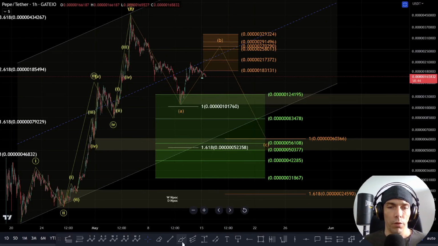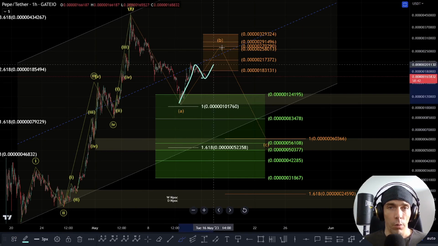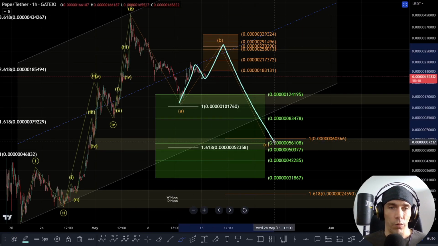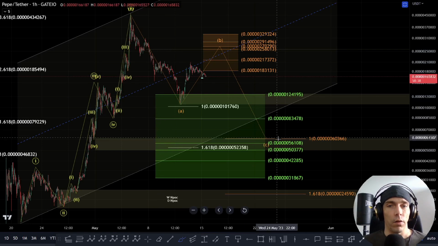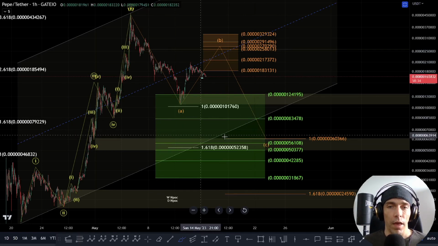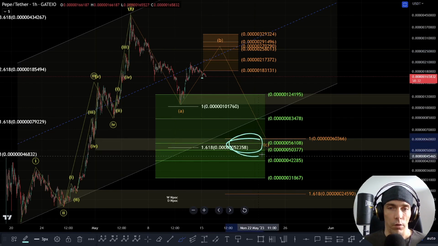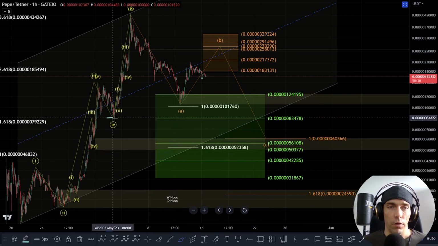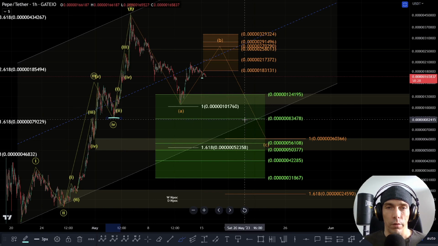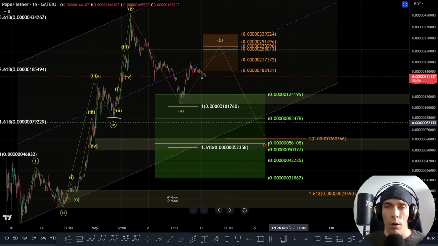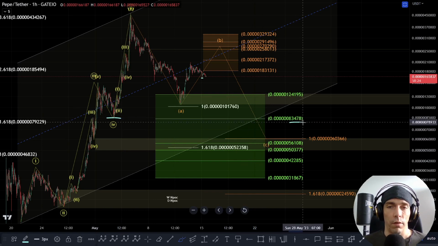But really, if we only form a 3-wave move to the upside here, we need to be careful of that idea of actually breaking down one more time. And this zone here of this 50% would be very interesting to me. Even if we don't manage to get down as low as this level here, I do think we're going to expect some kind of a reaction towards this zone of this 83478 area.